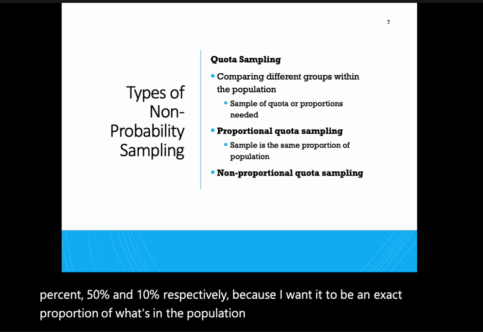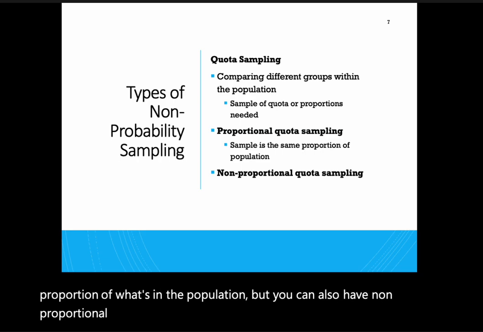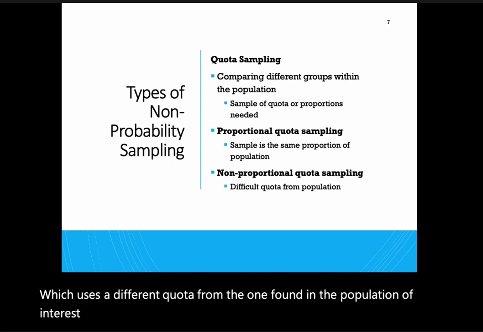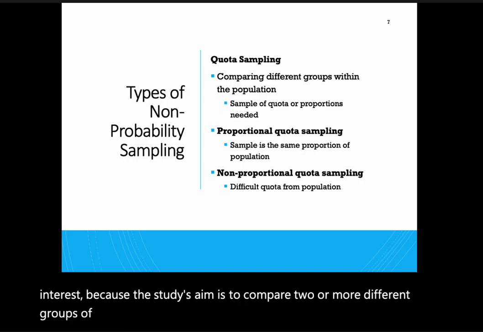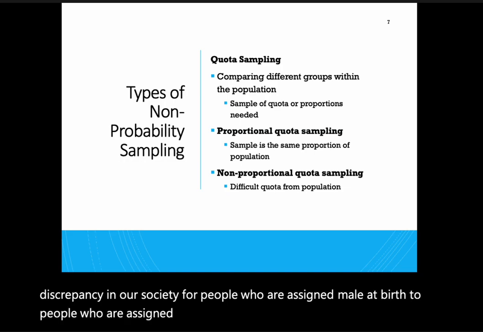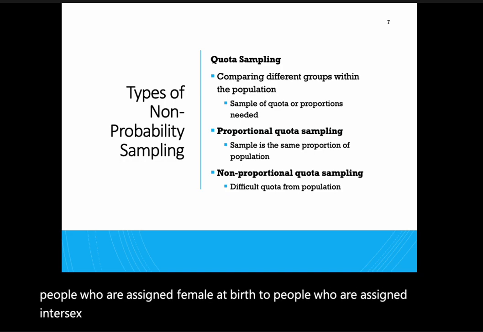But you can also have non-proportional quota sampling, which uses a different quota from the one found in the population of interest, because the study's aim is to compare two or more different groups of people. An example might be if there is a large discrepancy in our society between people assigned male, female, and intersex at birth on their rates of suicidal ideations.